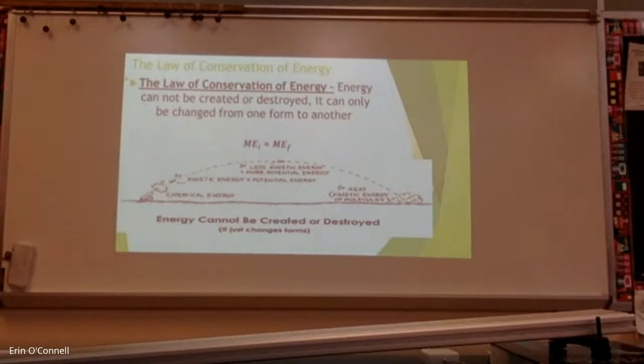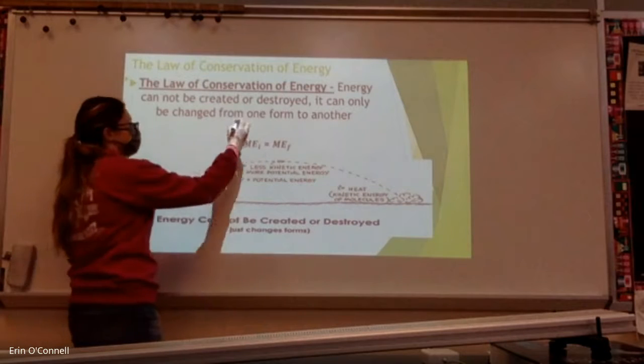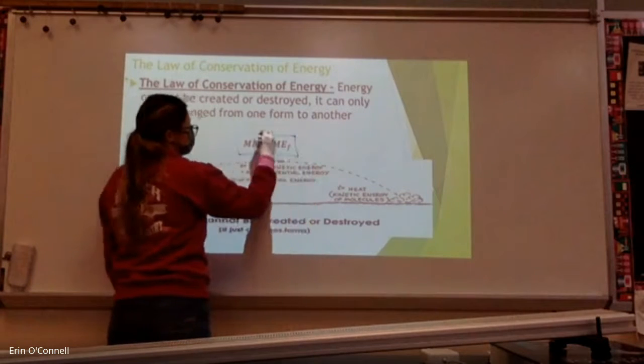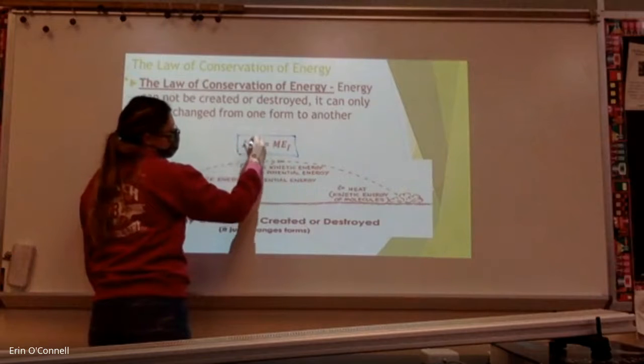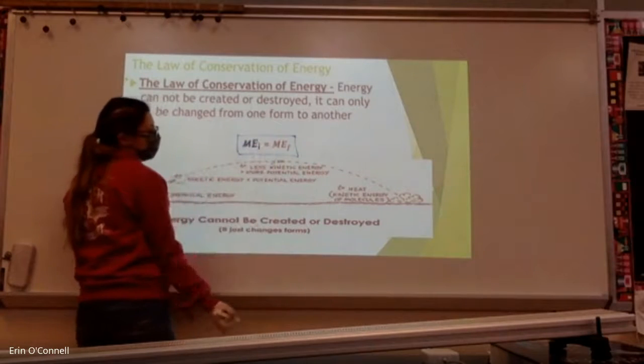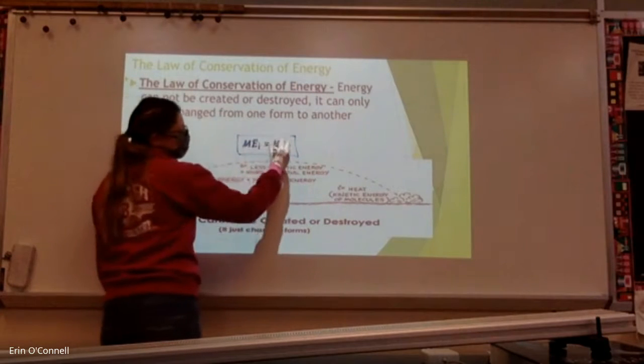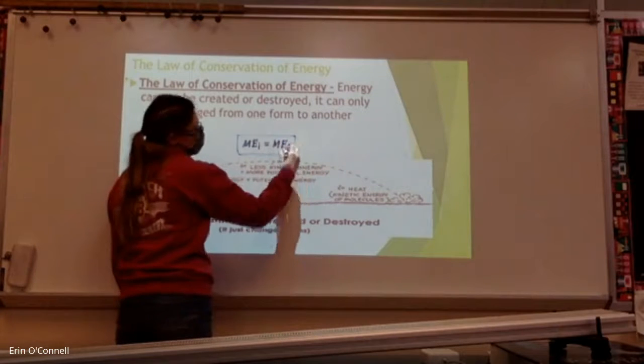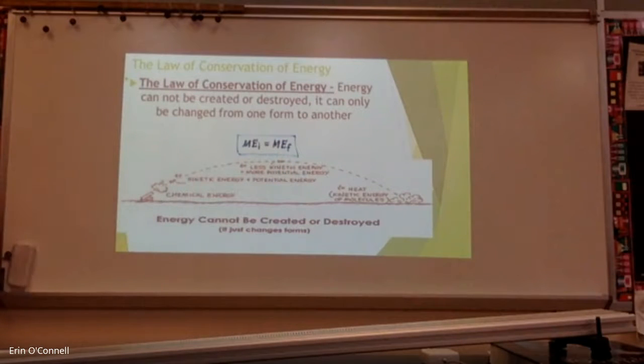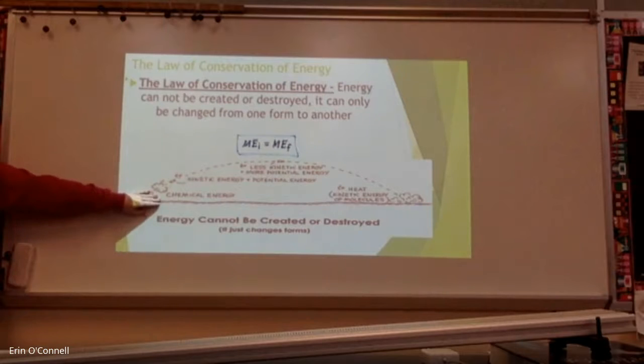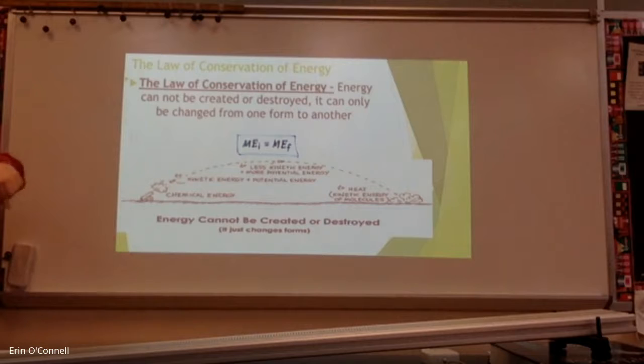Okay, so we can use this equation here. Capital ME subscript I is equal to ME subscript F. Okay, I'll explain this diagram in a second. You don't need to worry about it. Don't write it down. The next diagram is on your notes. And that's the one I will use to explain this a little bit more.